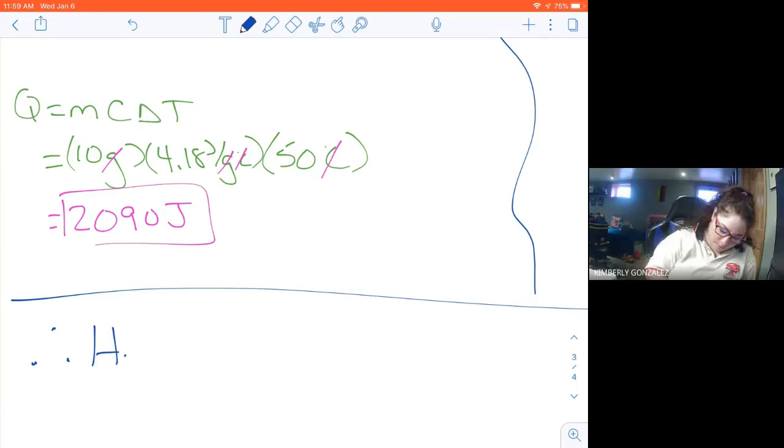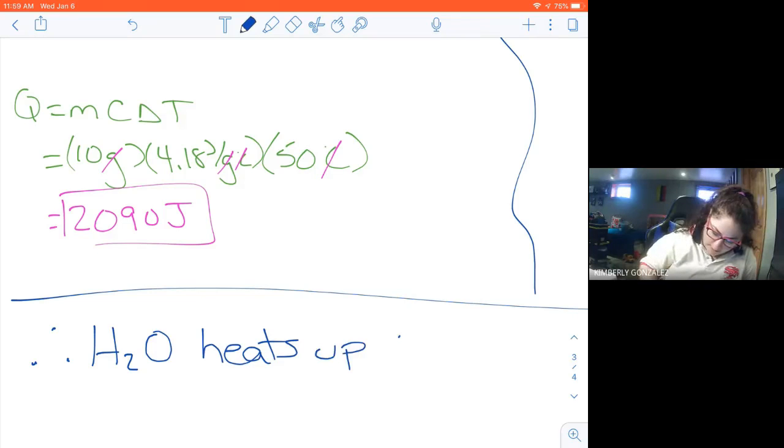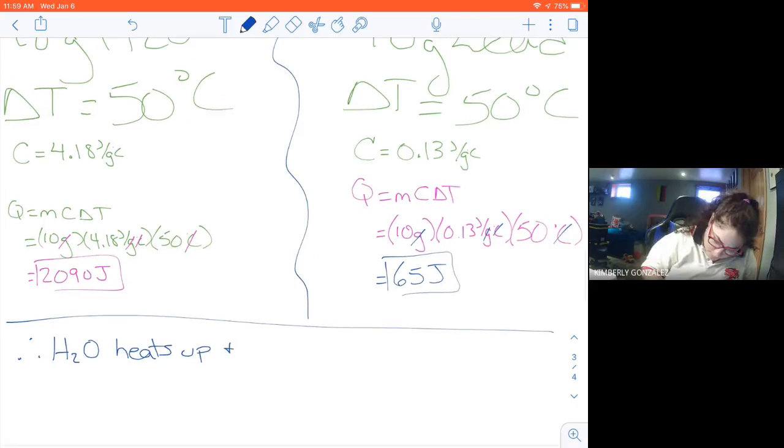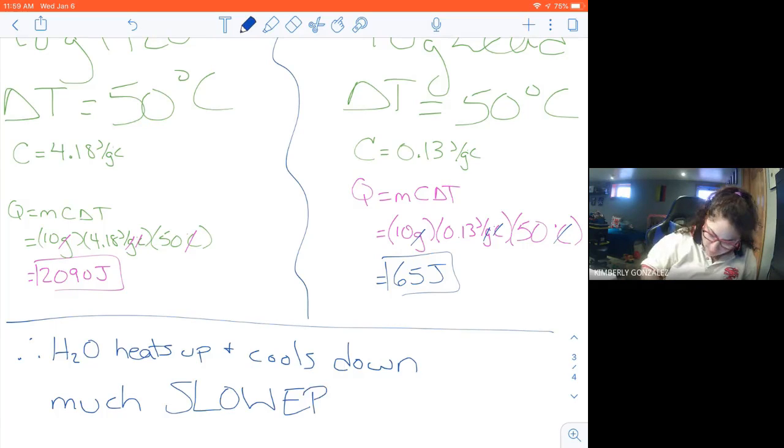Water heats up and cools down much slower than lead.